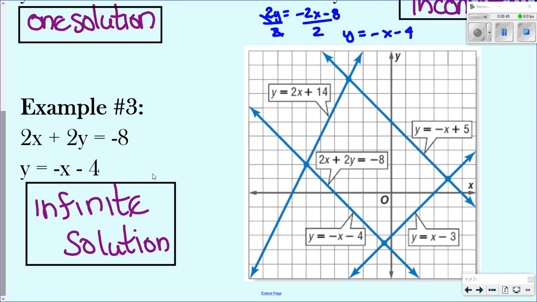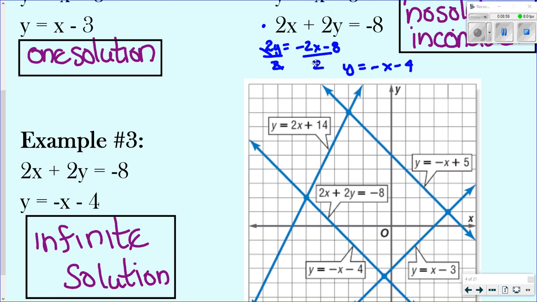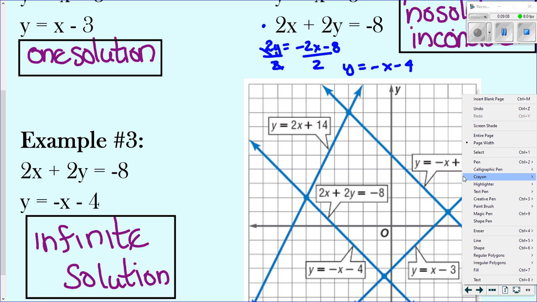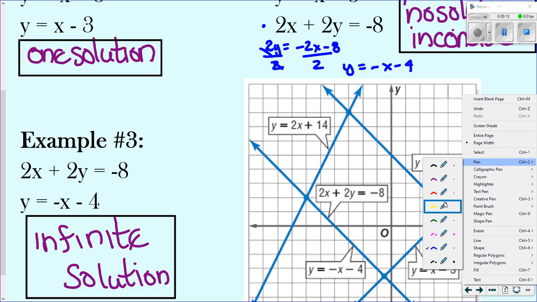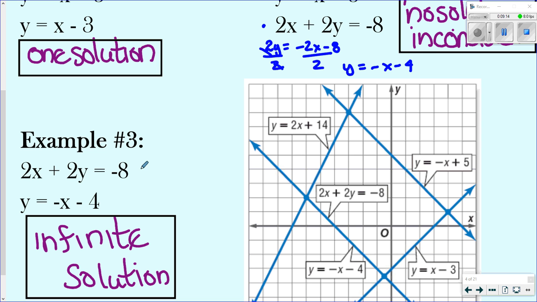And then the last one, 2x plus 2y equals negative 8, and then we have y equals negative x minus 4. Remember how I turned this into y equals mx plus b, the slope-intercept form? It gives me y equals negative x minus 4. This is also y equals negative x minus 4.